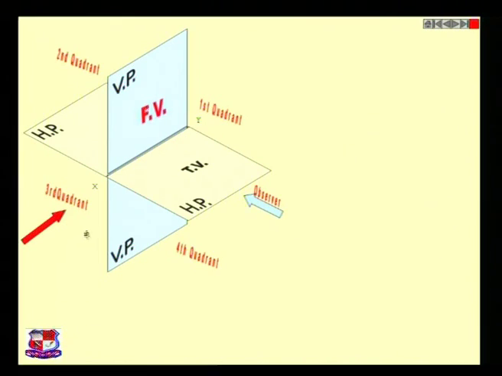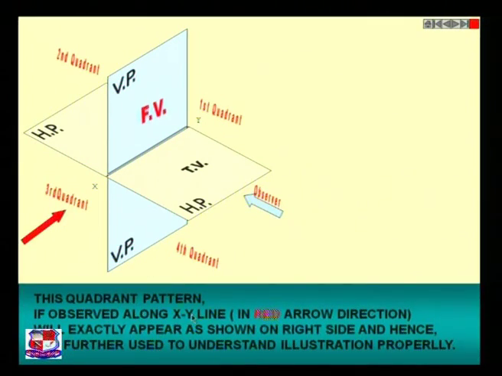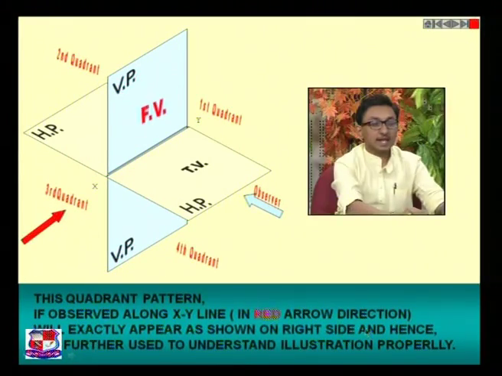If this quadrant pattern is observed along the XY line in the red arrow direction, we can see only the side. Hence, we need to understand the illustration properly.